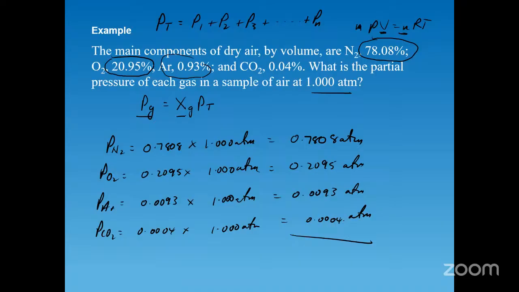When I add them up, that's very close to 1, so that's fine. All right. Any questions about this particular example? Any questions? All right, moving along.